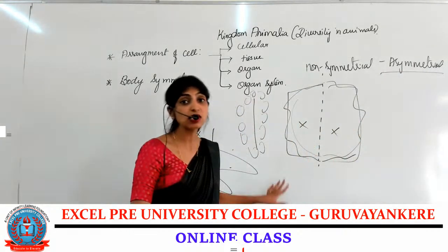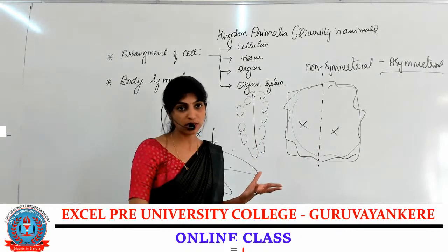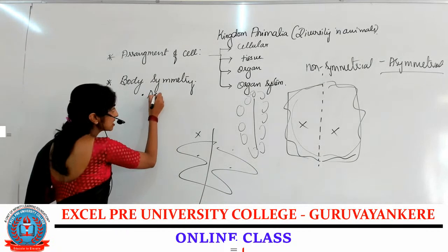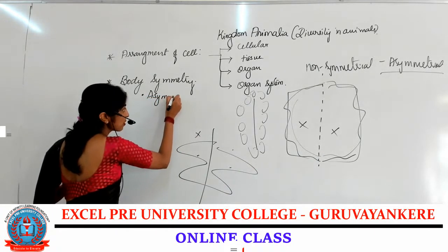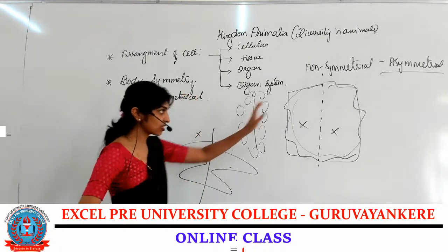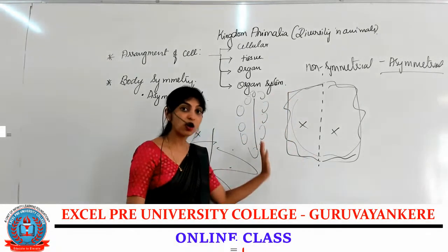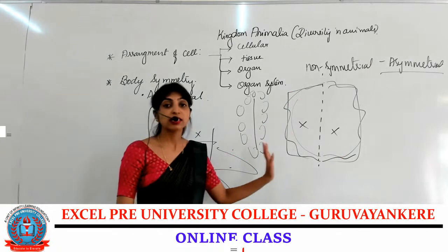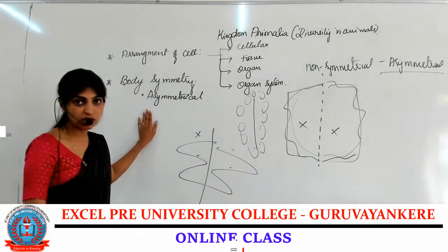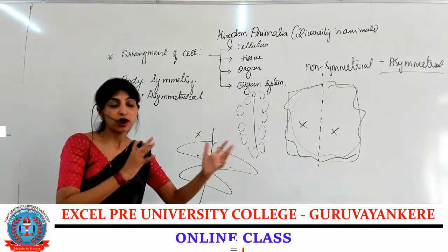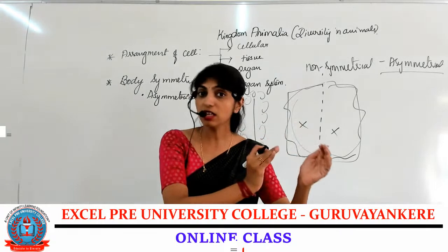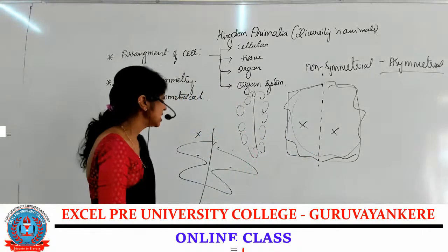The animal does not have body symmetry. Is that clear? What is asymmetrical? When I divide an organism through the central axis, if I do not get 2 equal halves, then we say the animal's body is asymmetrical. This is one group of organisms which do not have body symmetry, grouped under asymmetrical.